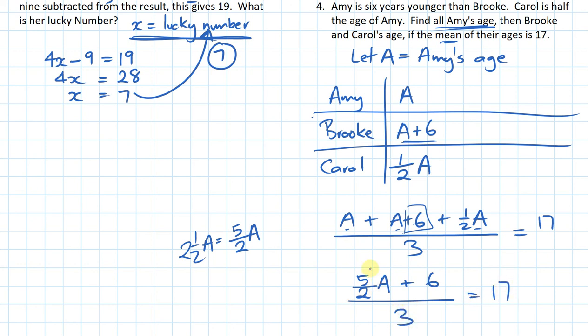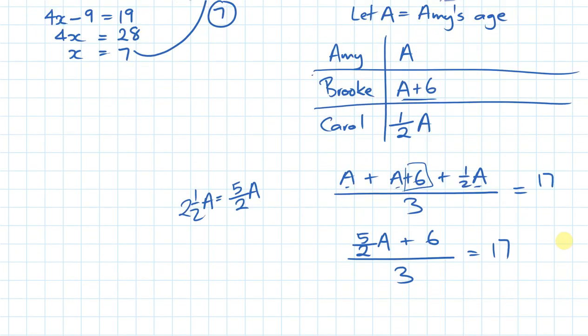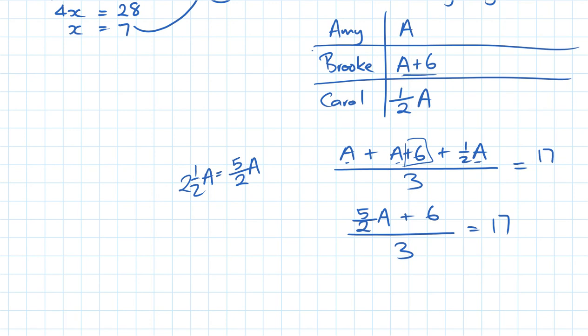I know we don't normally write a fraction over a fraction here. You could put 2.5A if you wanted to, but it's not good number practice to write a fraction over a fraction. But because we're going to be solving this and getting rid of the denominator, we'll end up with an equation that looks okay.